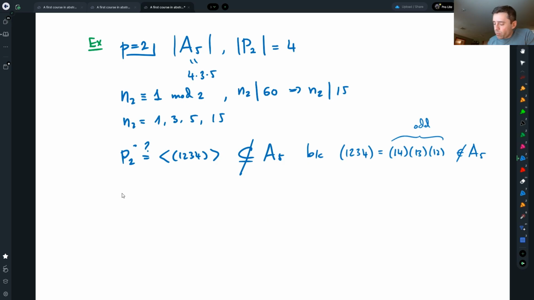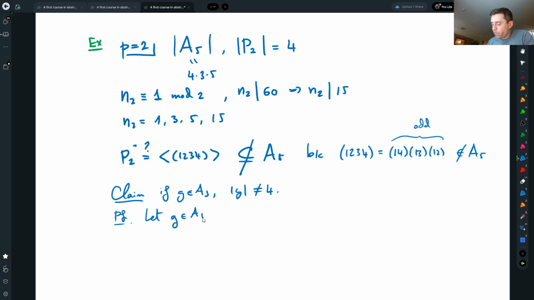Actually, I'm going to claim that if g is in A5, the order of g is not exactly 4. Why is that? Well, suppose that there is such a thing. Let g be in A5 and of order 4, for a contradiction.